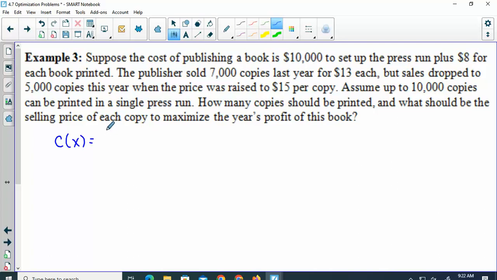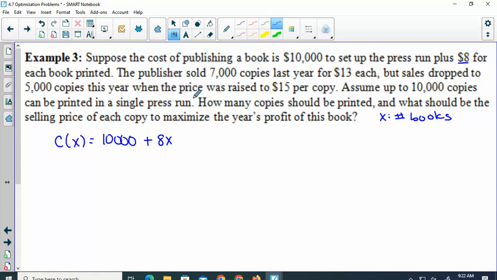Do you pay that multiple times? No, it's a one-time thing. Plus $8 for every book printed. What would I write? 8x. So x is going to be the number of books. Okay, so my cost is $10,000 plus $8 times each book.